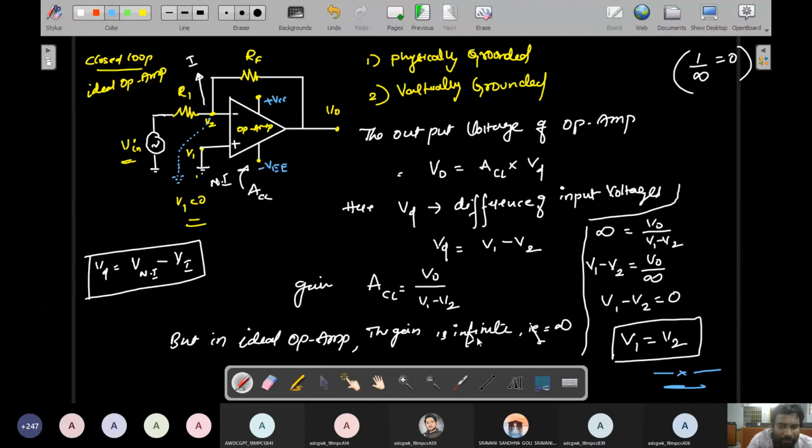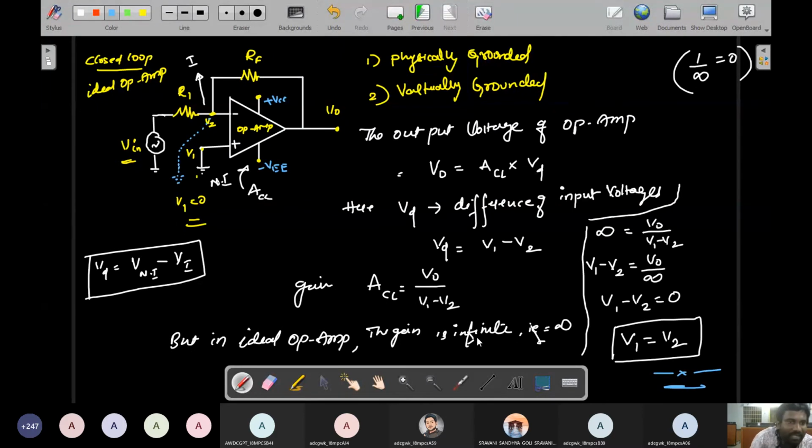Everybody, you know very well what the virtual ground concept is. Physically I am grounding only one terminal, and it shows the other terminal also looks like it is grounded, because this is only possible in an operational amplifier in the ideal case only.